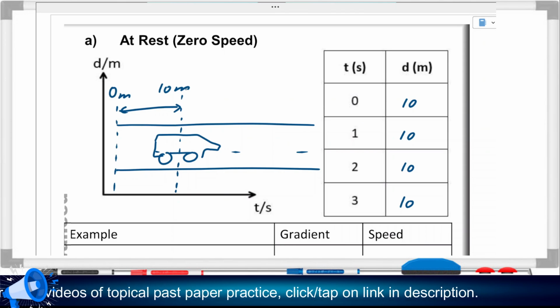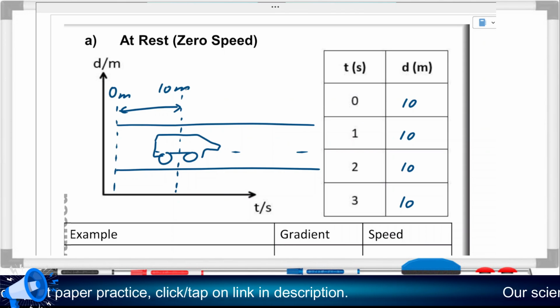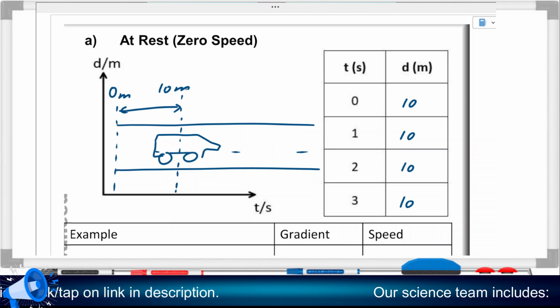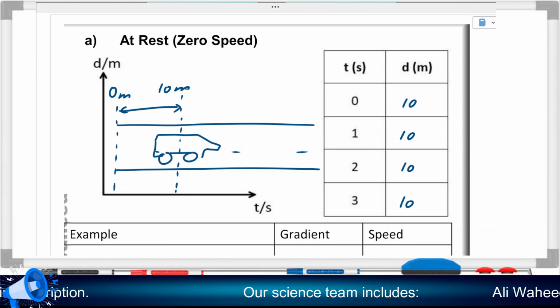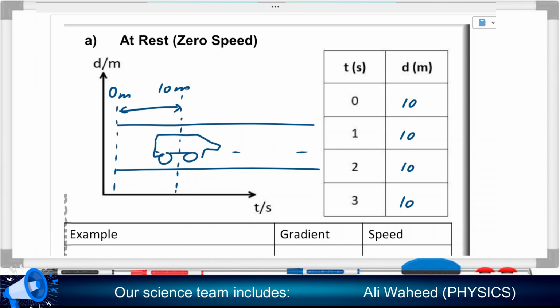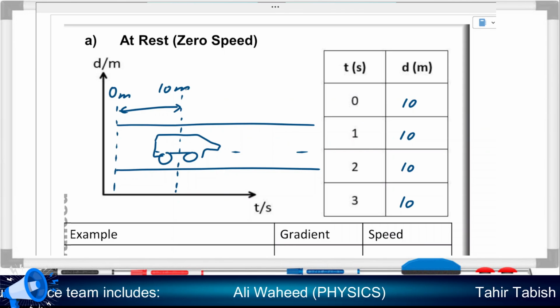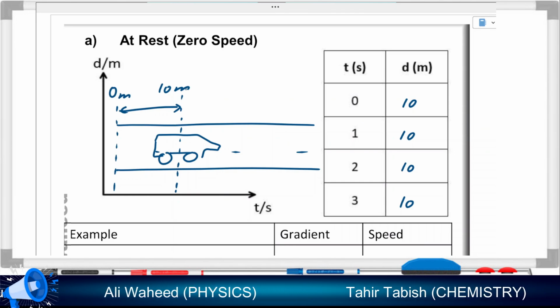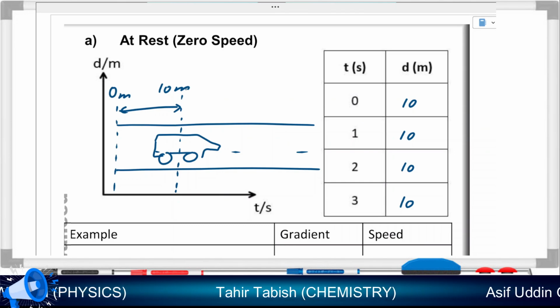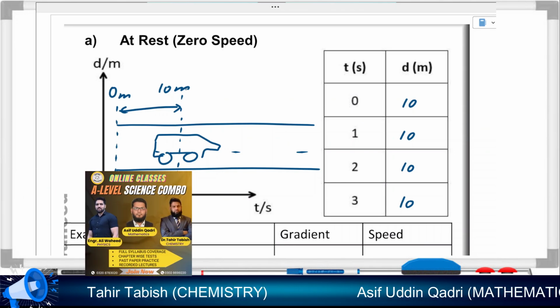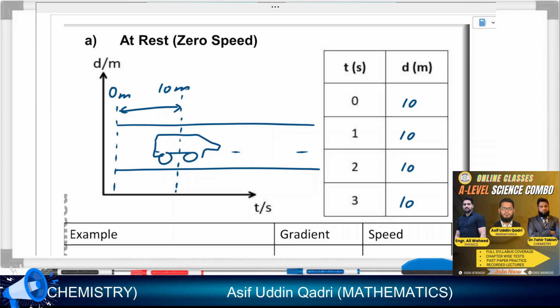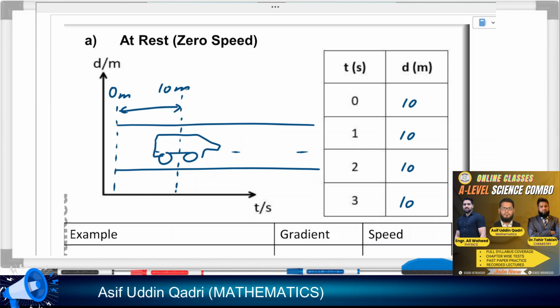So at 0 seconds, as soon as you started to observe the vehicle, it had already covered a distance of 10 meters. After 1 second, it is still at the same distance. 2 seconds, still at the same distance. 3 seconds, still at the same distance. What does that mean, or what information about the vehicle do you get?